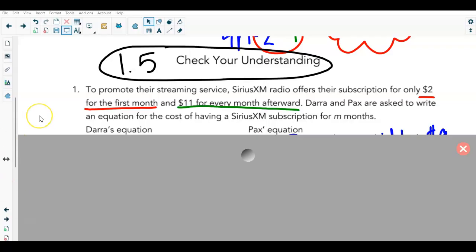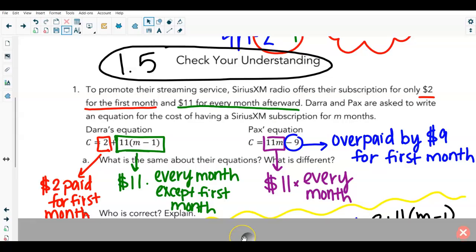Okay, so here in 1.5, number 1, you're told that the first month of this radio subscription, they're just going to charge you $2. After that 1 month, then they go back to their regular price of $11 for every month. So let's break down each person's equation. Dara's equation is saying exactly that.